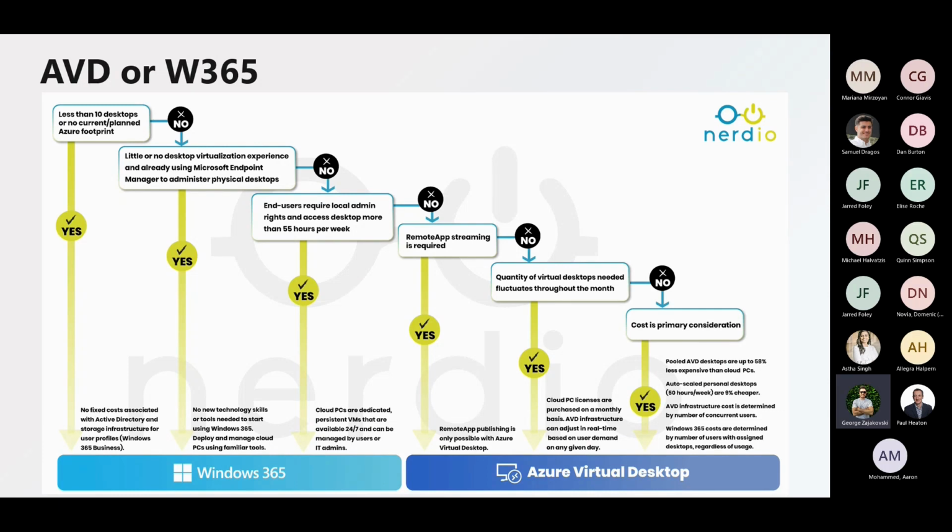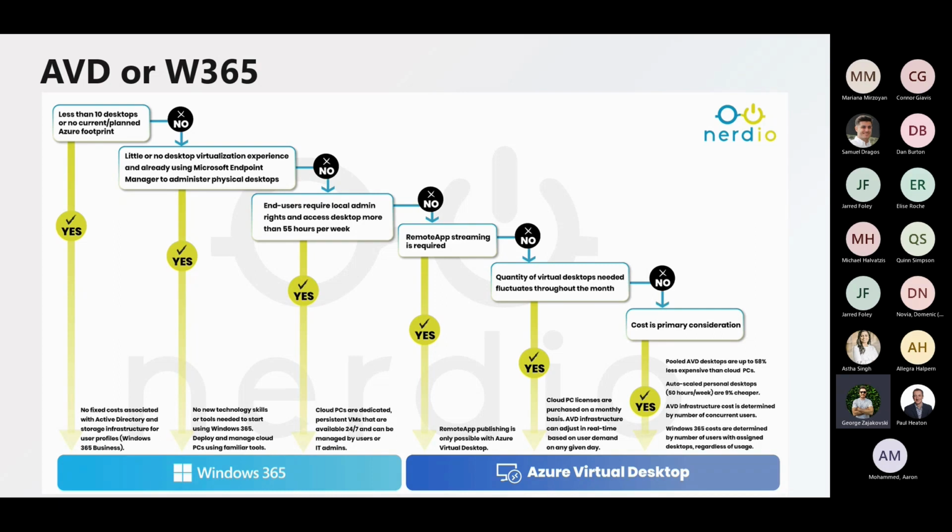If you're going more than 55 hours per week, then it's more beneficial to run Windows 365 full-time. Just leave the VM on. And just note that whether the VM's on or off in Windows 365, it is still a fixed rate. Whereas if you shut it down in Azure Virtual Desktop, that's where costing stops and you won't get charged for that.